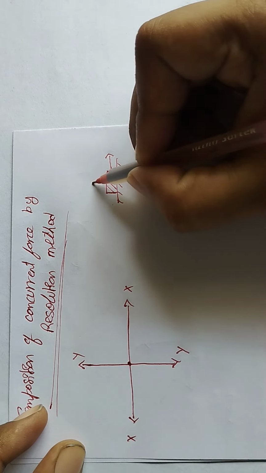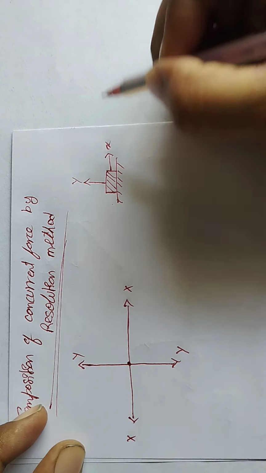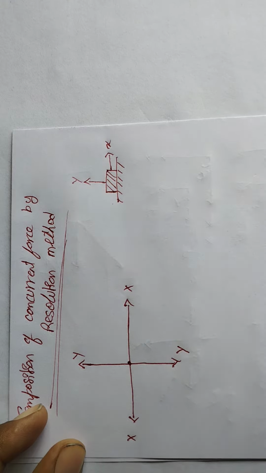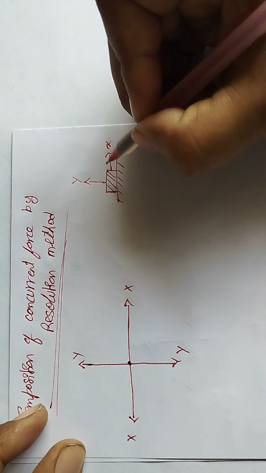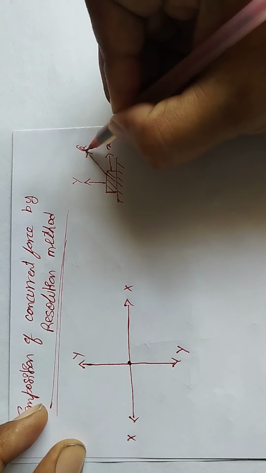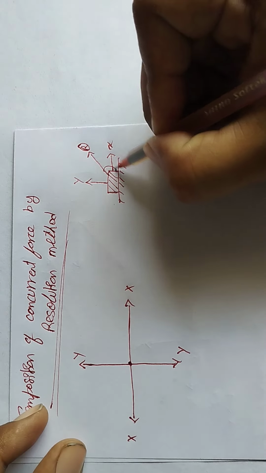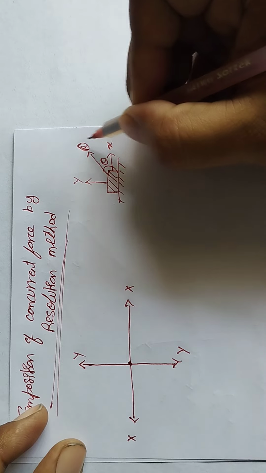If you pull in y, the force will be in y direction. We need not resolve it; it itself is a resultant. But when you pull or push with a certain angle, you should find the resultant, which means you should resolve it. When you are pulling or pushing with a certain angle, then you have to resolve the forces.